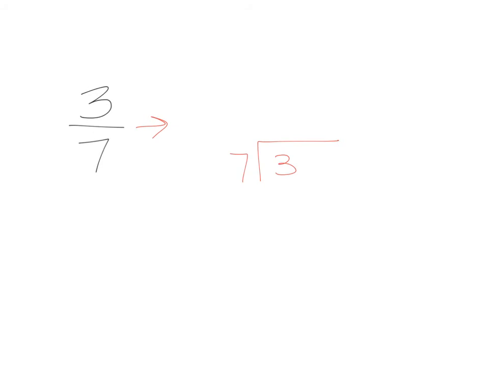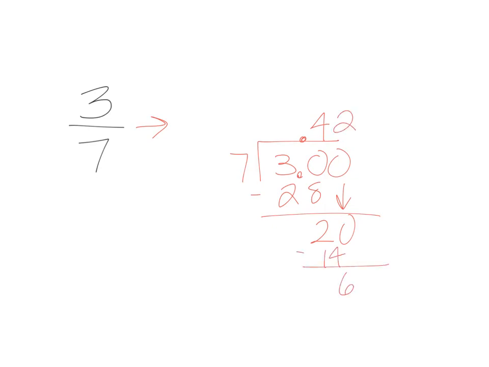3's in the house. Bring your decimal point. I always add 2 zeros so that I always have a place value. You do your long division that you learned so long ago. 7 goes into 30 how many times? 4. 4 times 7 is 28. Subtract. Bring down. 2, 14. Subtract.